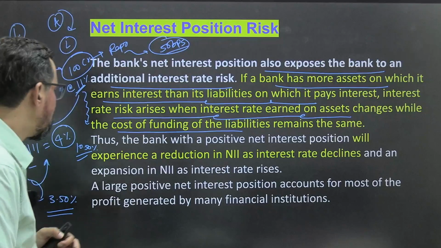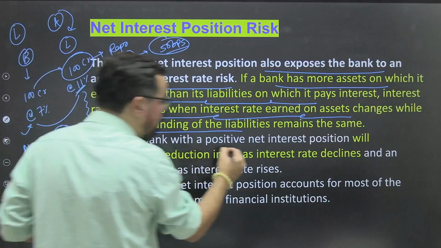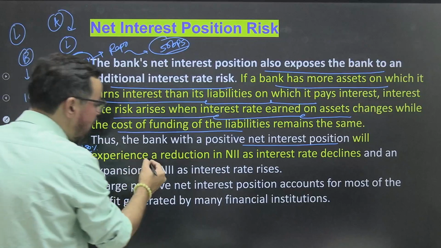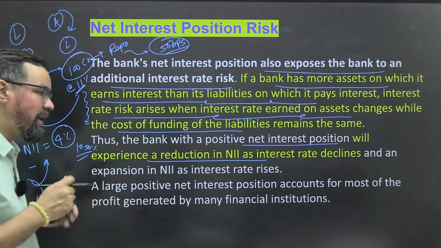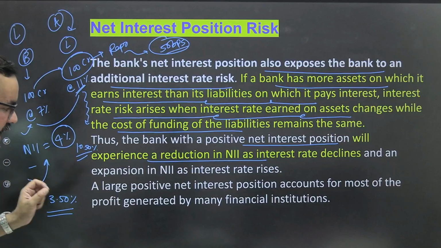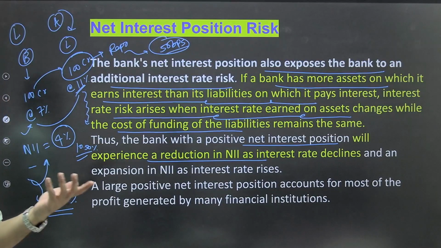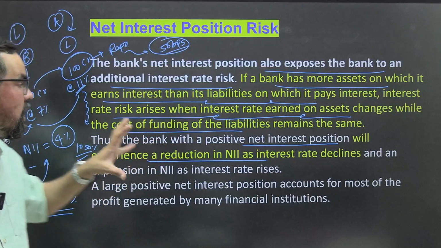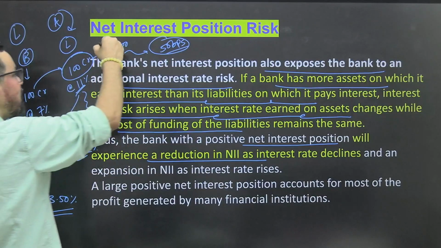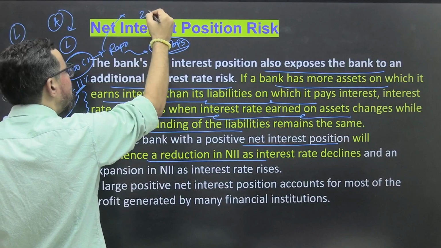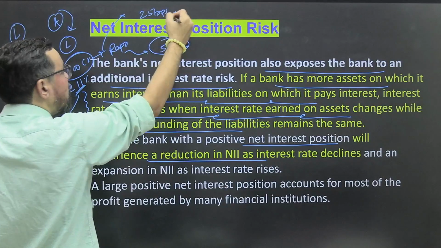All right. So the bank with a positive net interest position will experience a reduction in NII as interest rates decline, and an expansion in NII as interest rates rise. It can have a positive impact also in some ways. How? Let's say RBI increases the repo rate by 50 basis points or whatever the rate, let's say 25 basis points here. So it will help you in that particular case.